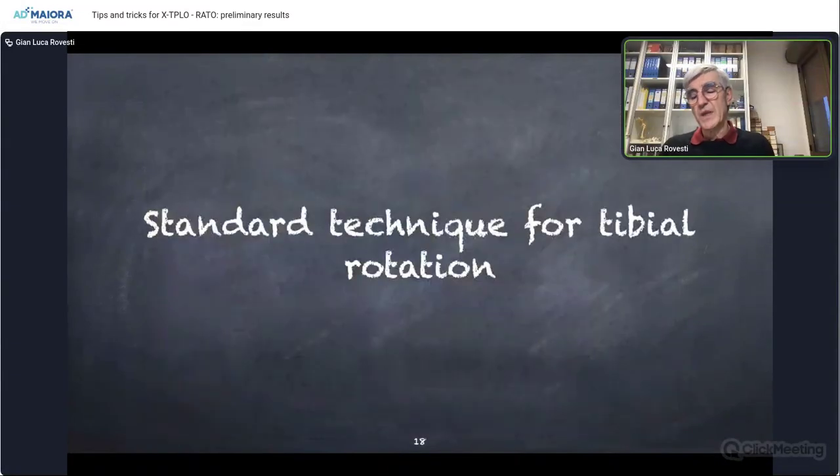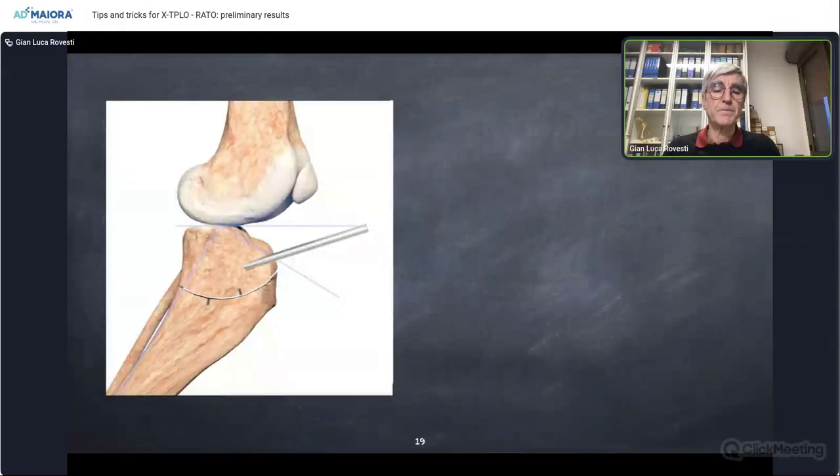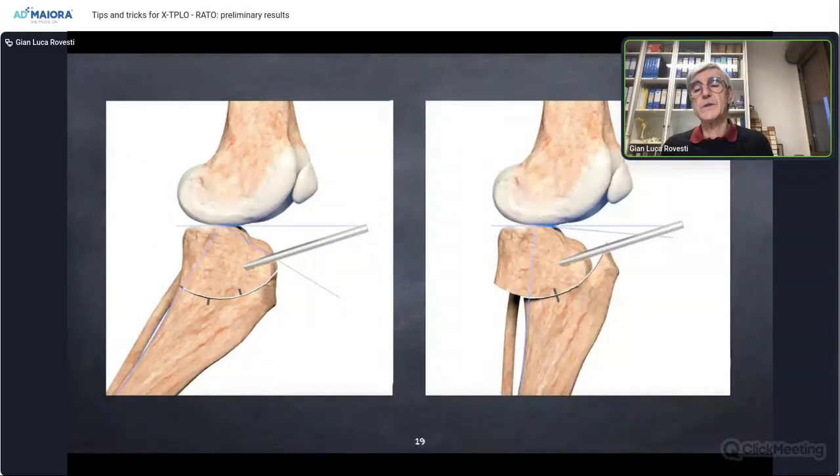After this, we all know, I think, the standard technique for tibial rotation. And this pin is inserted in a craniomedial to caudolateral direction, in the proximal part of the tibia, in order to use it as a lever to rotate the fragment.